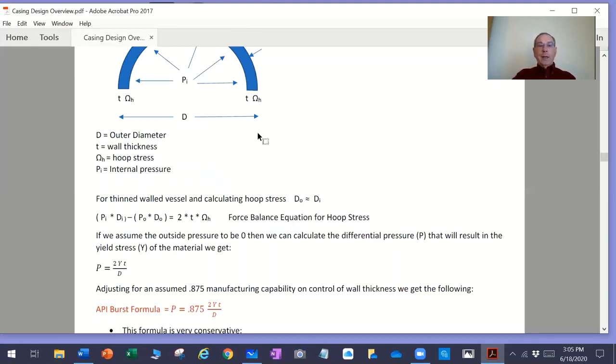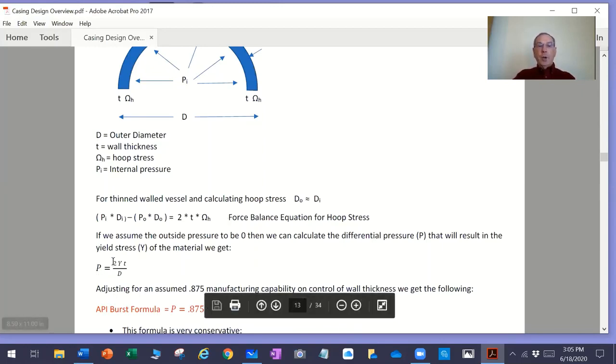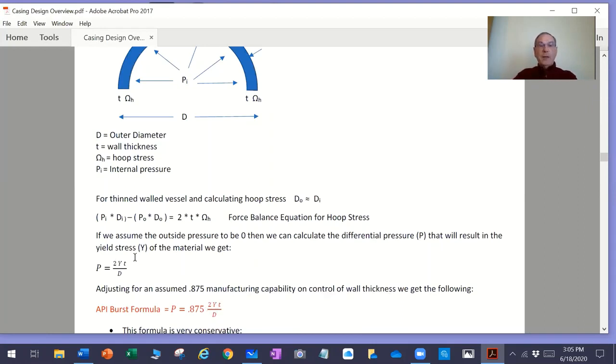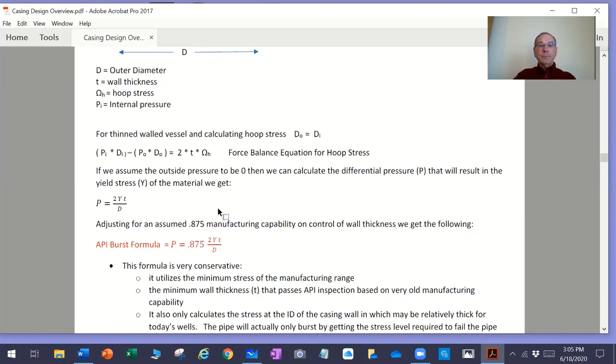And if we solve this for pressure, assuming that the pressure on the outside is 0, then we will get the pressure is equal to 2 times the yield strength times the wall thickness divided by the outside diameter.